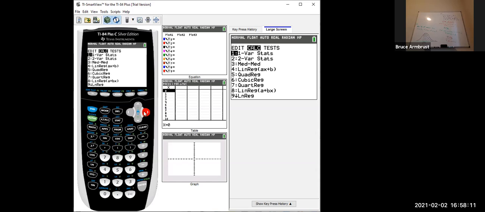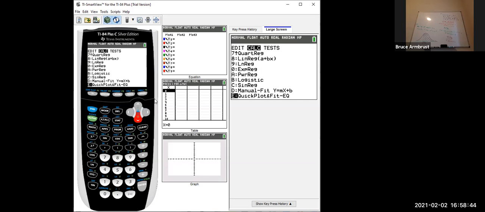One var stats, one variable statistics. That's going to give you mean, median, quartiles, things like that. A bunch of the other stuff, don't worry about just yet, but we will see them later, like linreg. That's linear regression. Let me arrow down. I think these are mostly all regressions.